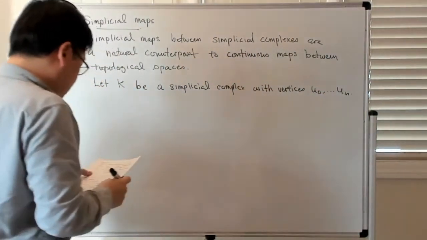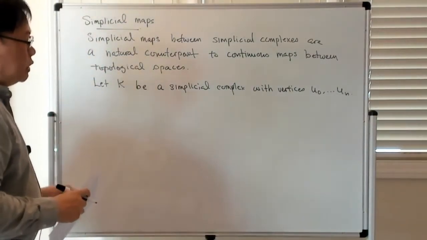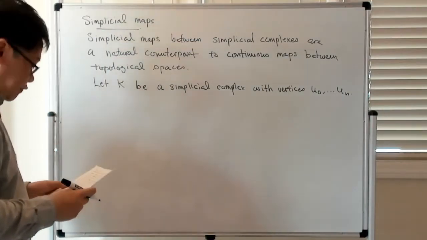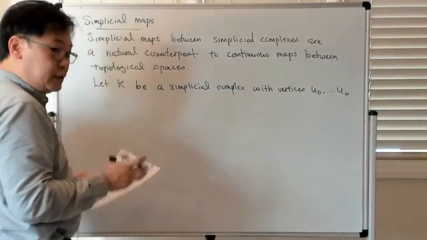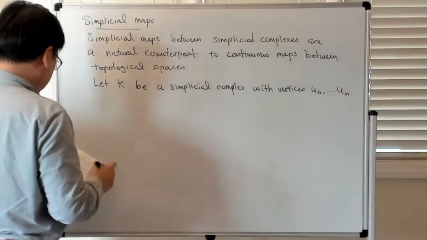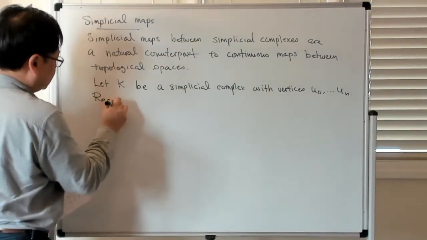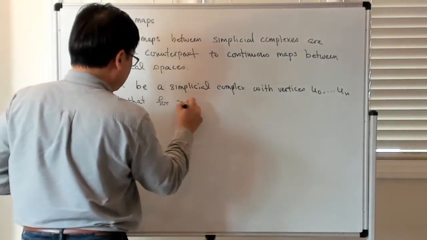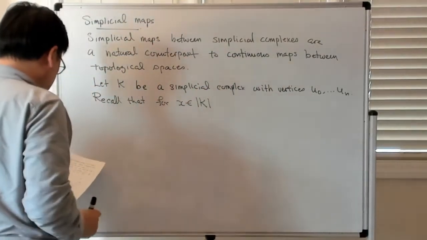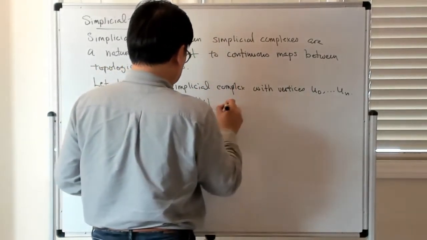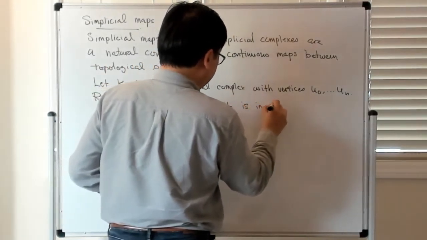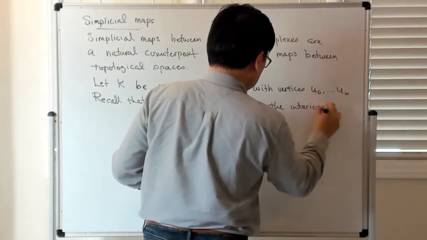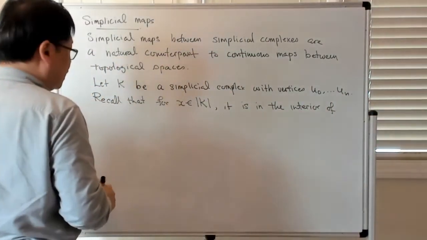And if you recall, any point in the underlying space of that complex is in the interior of exactly one simplex in K. So recall that for any x in the underlying space, it is in the interior of exactly one simplex in K.